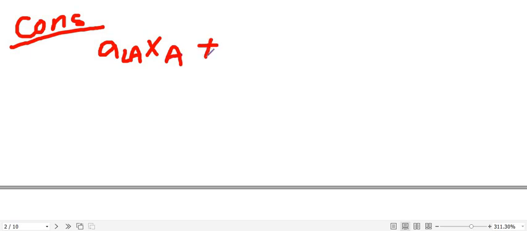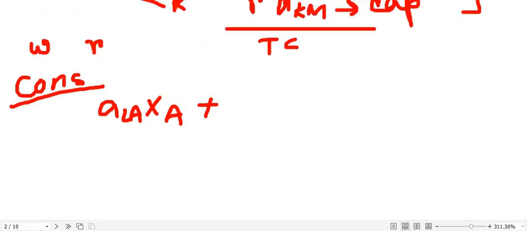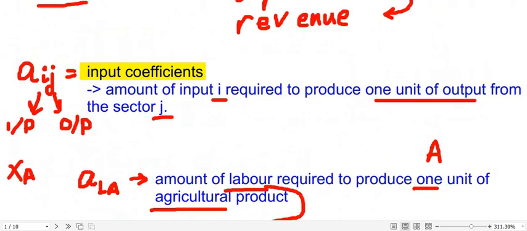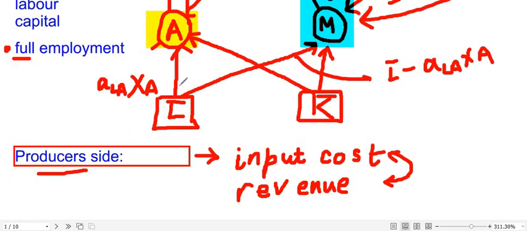Now going by the same logic, if I consider the manufacturing sector, because labor is sent to both the agricultural sector and the manufacturing sector, right?